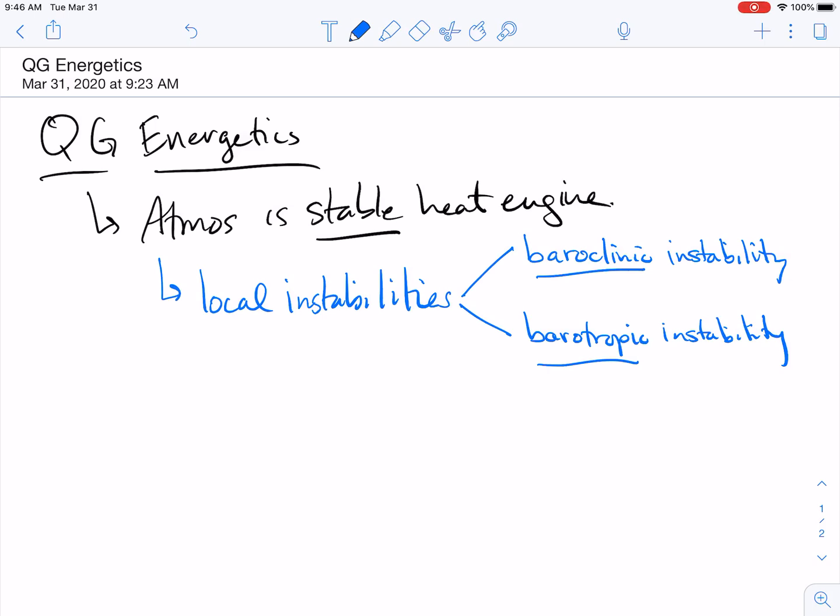And so ultimately what we want to be able to do is to describe ways in which this energy can move around in our atmosphere. And ultimately, the atmosphere's goal is to restore balance.